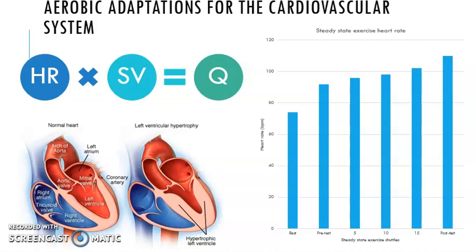The increased size and strength of the heart after training means that the athlete's stroke volume will increase, allowing more blood to be forced out of the heart per contraction, and therefore more blood reaches the working muscles quicker. An increased stroke volume can also lead to an increased volume of plasma in the blood.